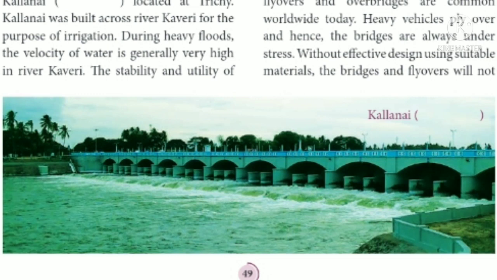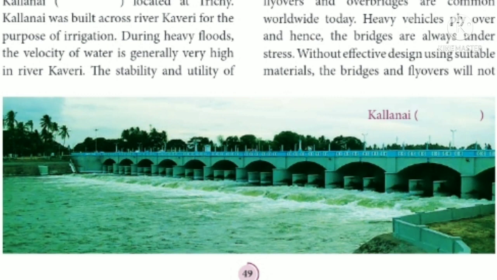You know, during heavy floods, the velocity of water is generally high. So in these conditions also the dam stability is important. So the way of construction and the materials used is very important for the stability.